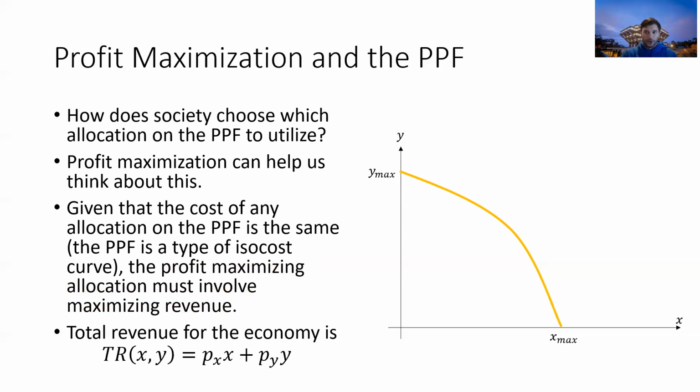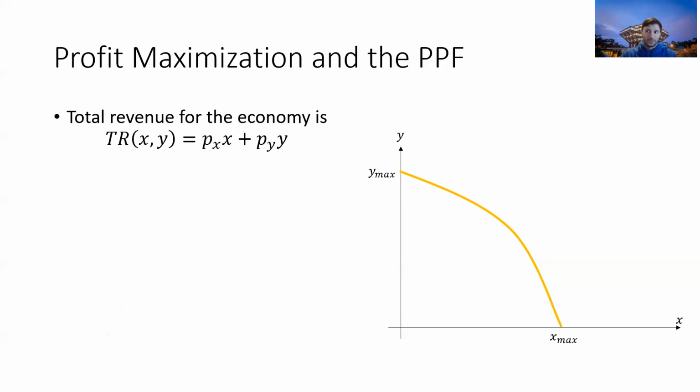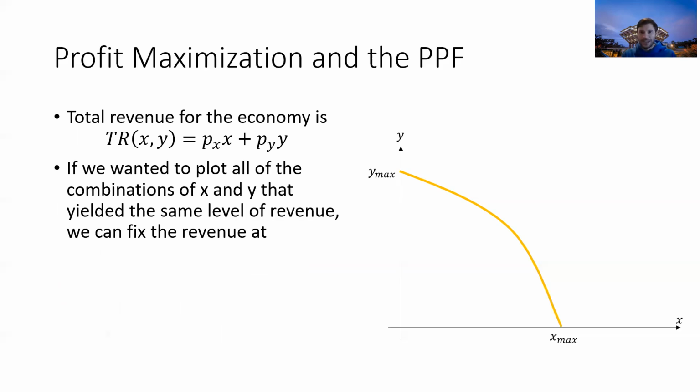And what we're going to do here is think about plotting a revenue indifference curve in this space. And hopefully you can see where we're going with this. If I imagine plotting all the combinations of X and Y that yielded me the same revenue, like let's fix the level of total revenue and plot all the combinations of goods X and Y. First off, if we were to plot this equation where we have some constant equals PX times X plus PY times Y, what shape must that equation have when we graph it?